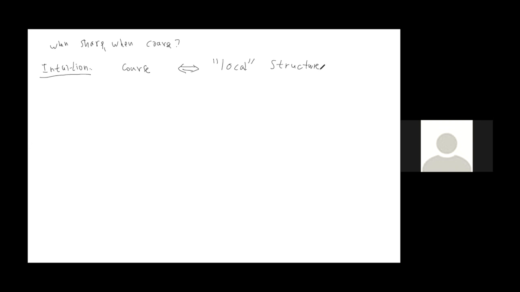This is of course not formal. It doesn't really mean anything, it's just the intuition. In some cases we know how to prove it, in other cases we don't, but maybe there are some partial results.